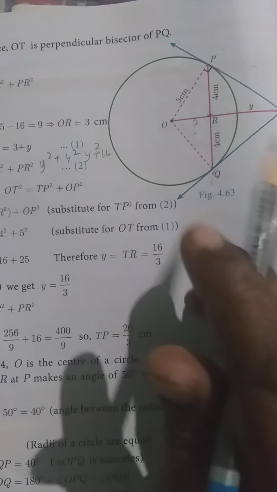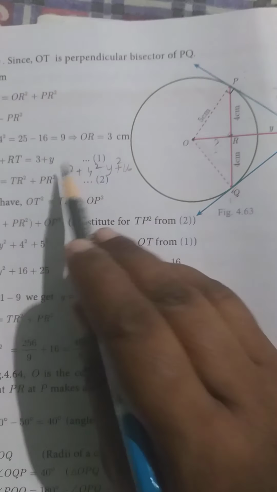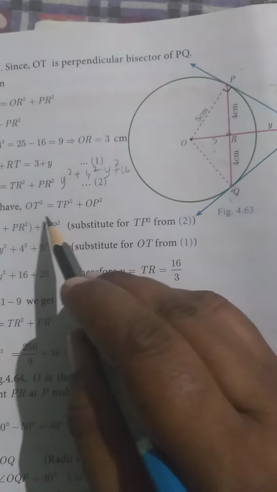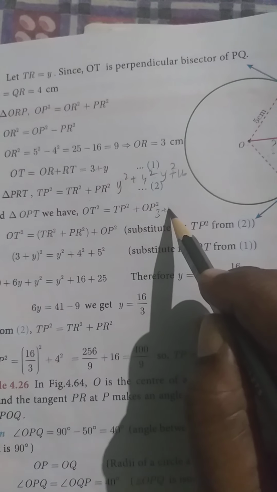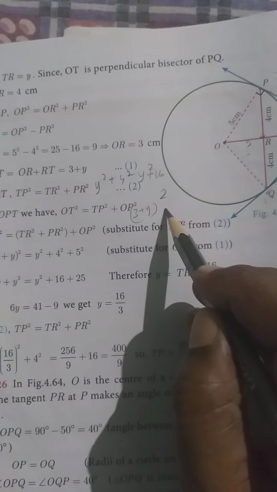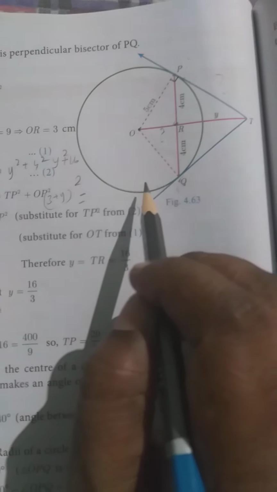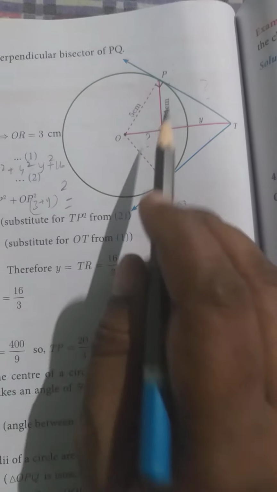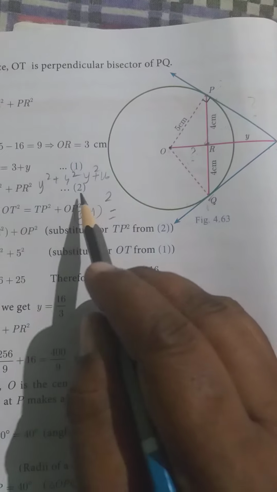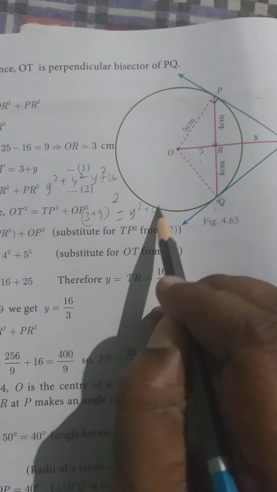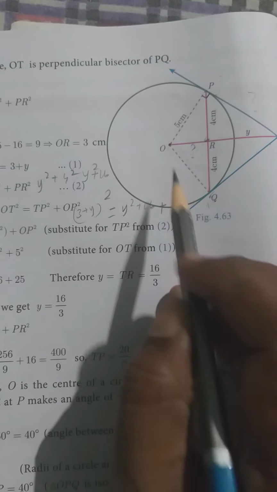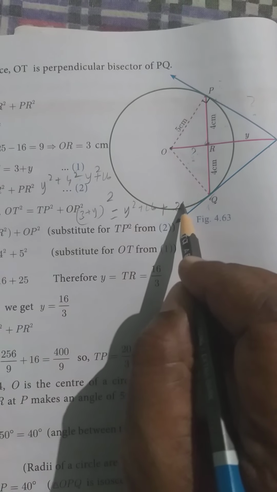You don't know those values yet; this one you find out. OT is 3 plus y, so substitute here: OT is equal to (3 plus y) the whole squared, equal to TP squared, and TP squared is y squared plus 16, plus OP squared. OP squared is 25.